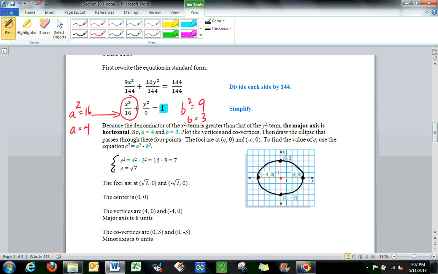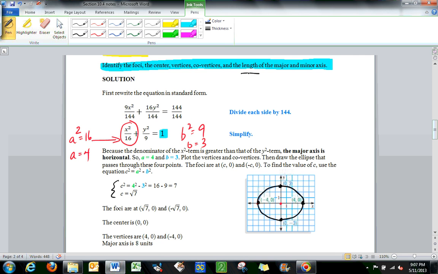Now, it asks us one other thing. It asks us to find the length of the major and the minor axis. And of course, the length of the major axis is always 2 times a, and we know that a is equal to 4. And then 2 times b is going to get us our minor axis.